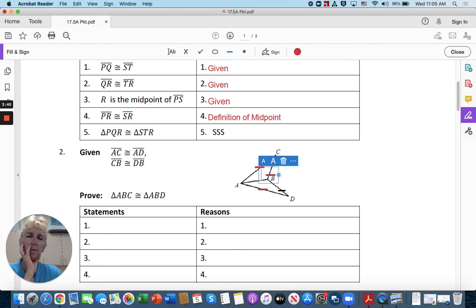And again, I would put these perpendicular. Let's see if I can get a second one there. Put that over there. Oh, that's a way to make them closer.